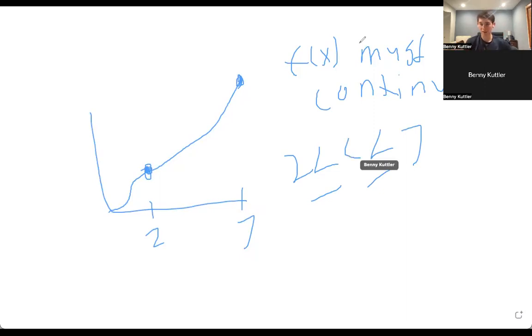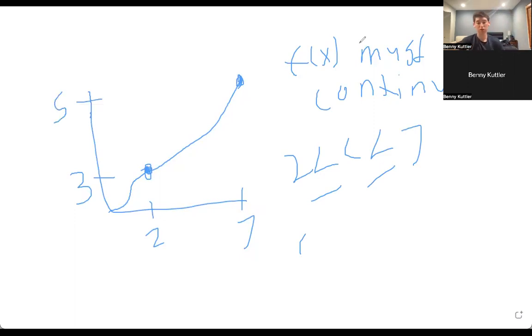If you have some number c that's in between 2 and 7, it could be 2.5, it could be 6, it could be anything, and let's say this value at x equals 2 is 3, and at 7, it's 5.